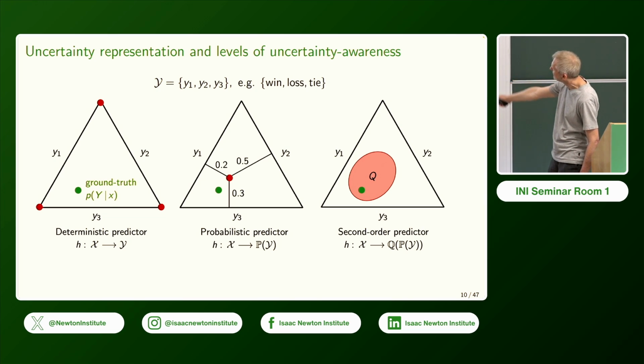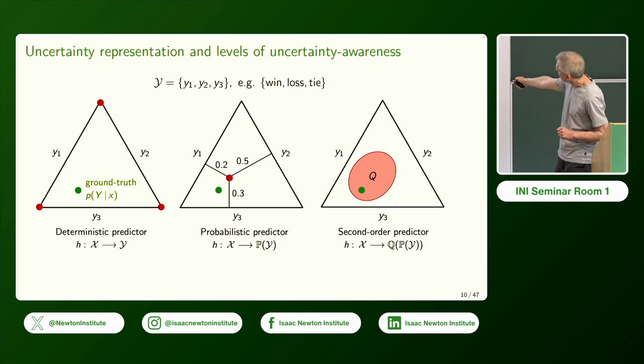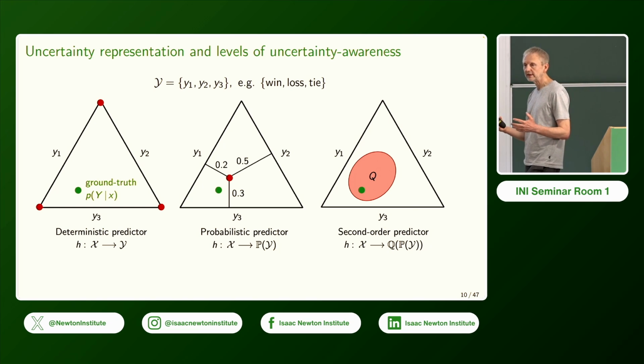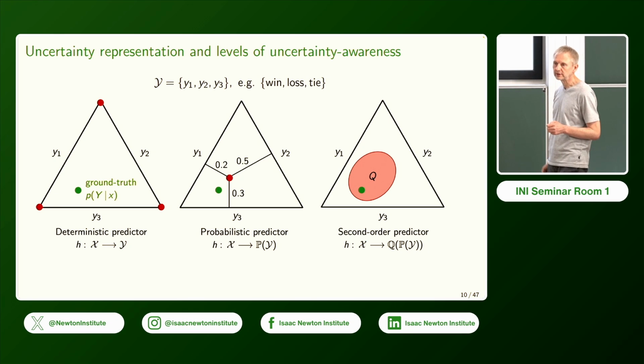So you will always deviate a little bit. And what I am now interested in is what I call a second order predictor, which is able to make more expressive predictions, which are able to reflect, to represent its uncertainty in the probabilistic prediction.